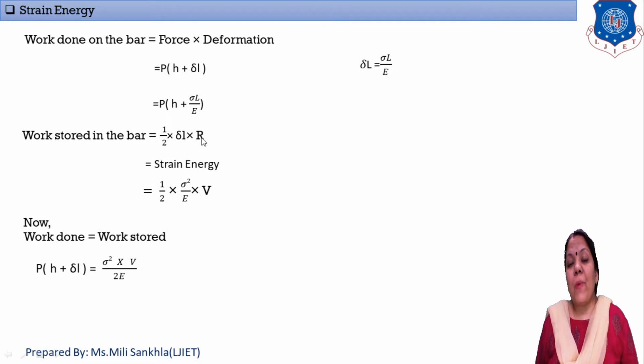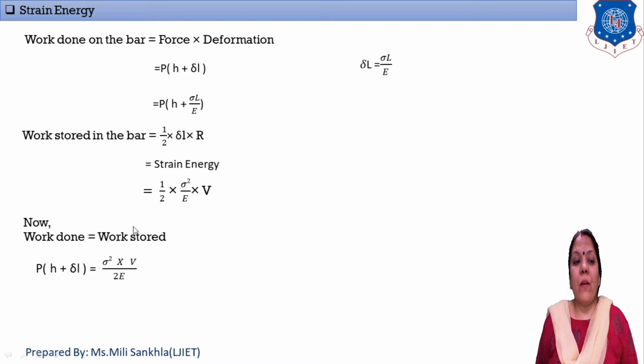We already proved that this is our strain energy, sigma square divided by 2E into volume. Sigma is stress, E is Young's modulus, V is volume.